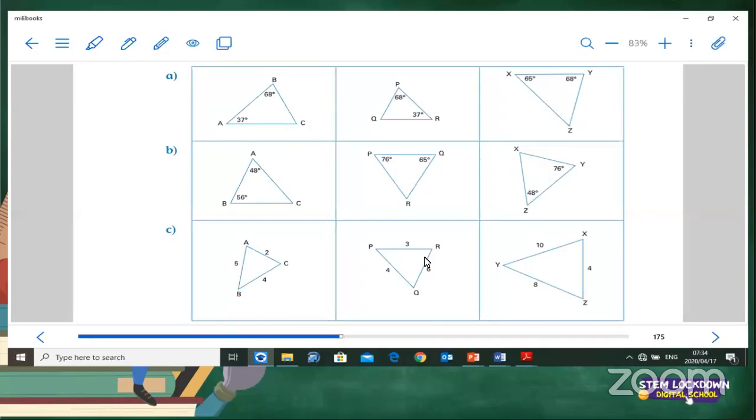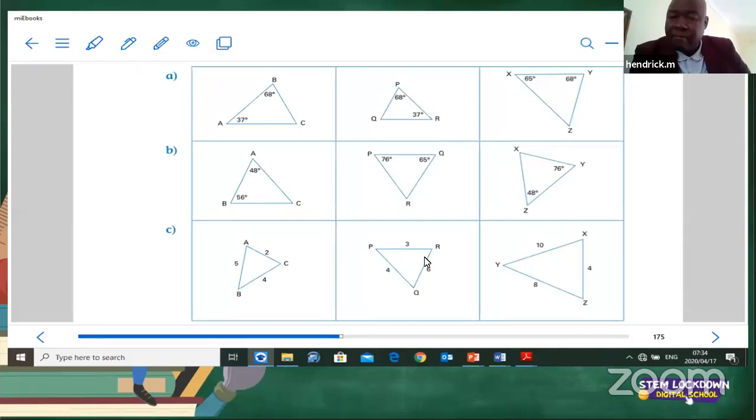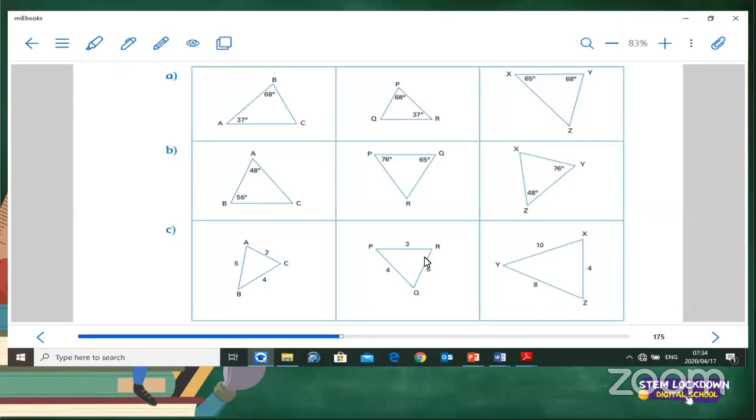So triangle ABC is similar to triangle XYZ because angle A is corresponding to angle Z, angle B is corresponding to angle X, and angle C is corresponding to angle Y.